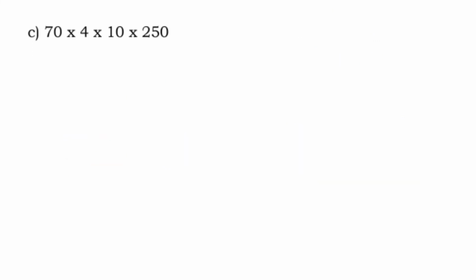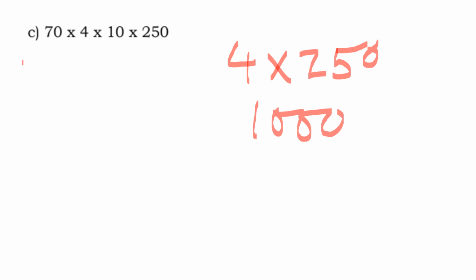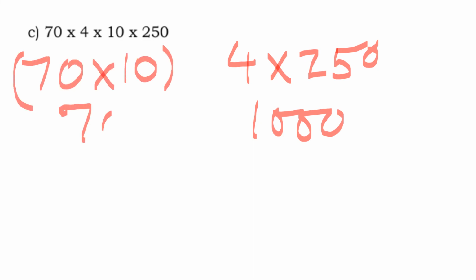In the C part here, again we have to arrange the numbers such that we can easily calculate. So here first of all, I will be arranging 4 and 250. So 4 into 250 gives me 1000 and 70 into 10 will give me 700.